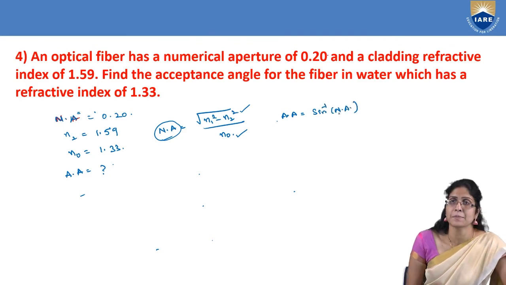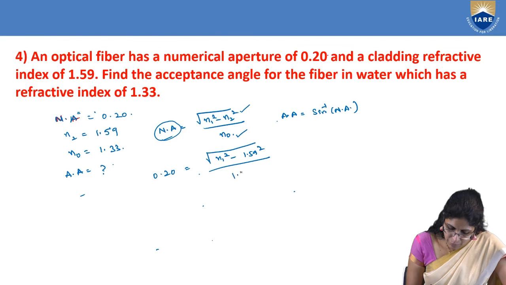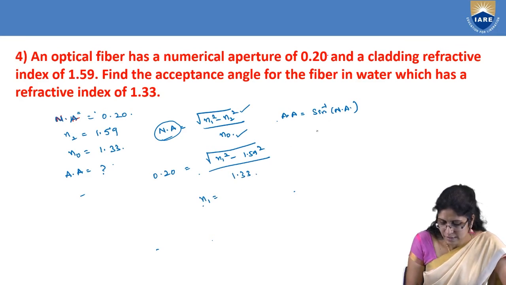Thus, you can get the acceptance angle too. So from this, you can get 0.20 is equal to square root of N1 square minus 1.59 square by 1.33. From this, you can get N1, substitute back in NA, and then you can get this answer.